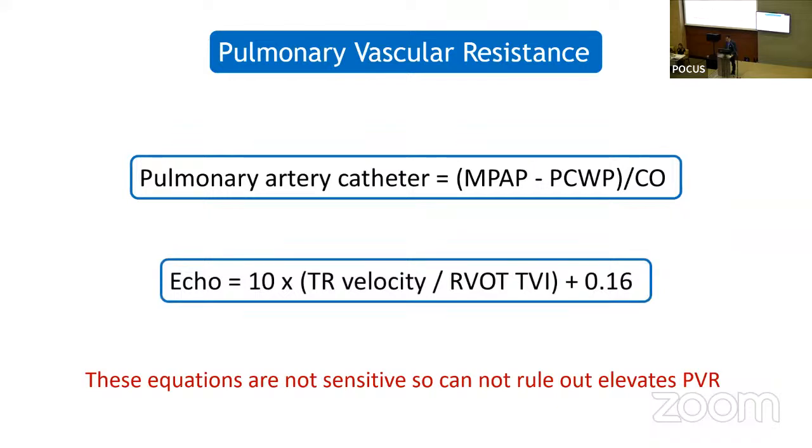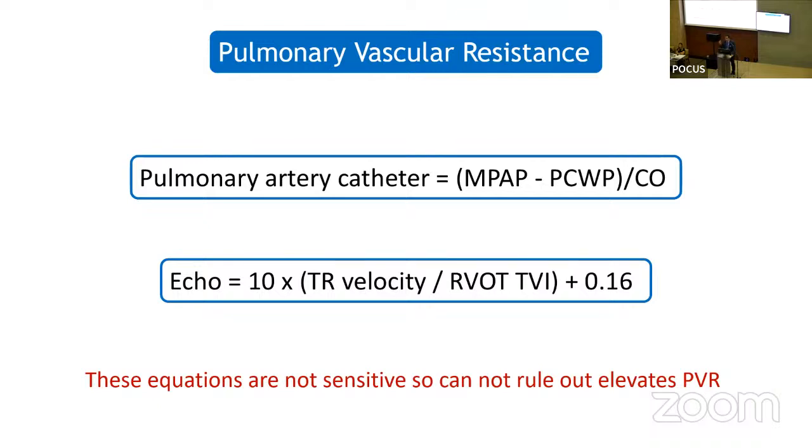And just for the sake of time, I will move along to quickly show you an equation to estimate pulmonary vascular resistance using the tricuspid regurgitation velocity by continuous wave Doppler and the VTI, but this time not the LVOT, this is the VTI of the RVOT. And if you have these two parameters, you can estimate the pulmonary vascular resistance by echocardiography using this equation.